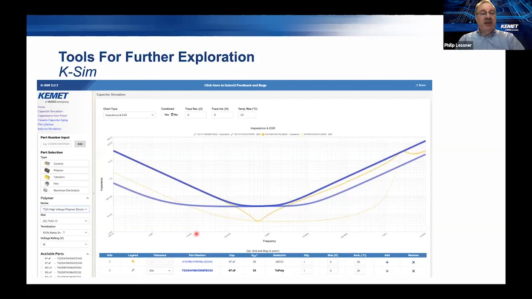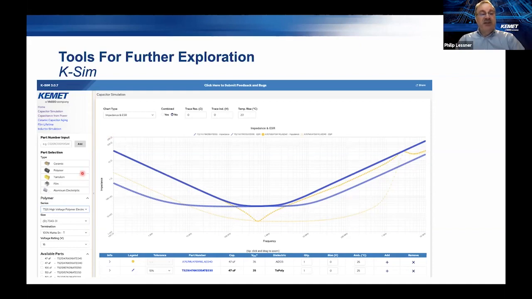Another tool which is really useful is an online electrical simulator that we call KSIM. So there's several tools under the KSIM banner. The one I'll focus on here is the one that can compare impedance and ESR and capacitance and inductance, and also ripple current as a function of frequency.